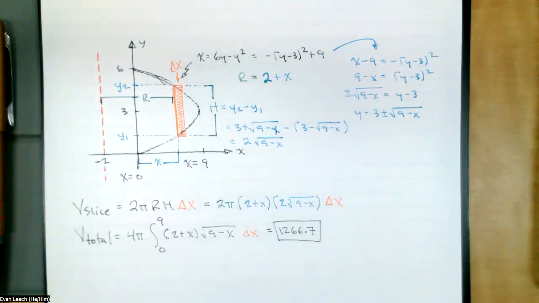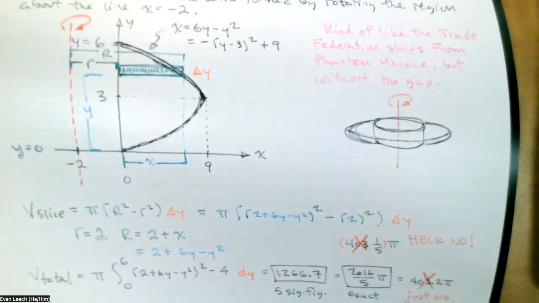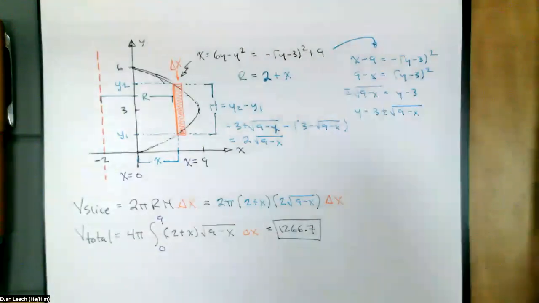On this version, using this strategy, the complication was that we had to invert a non-invertible function. We had to come up with those two y values. So in the previous problem, we're looking at a washer. So pi r squared minus r squared.